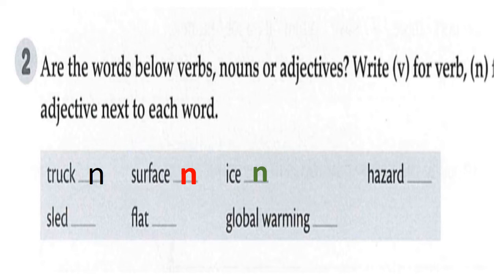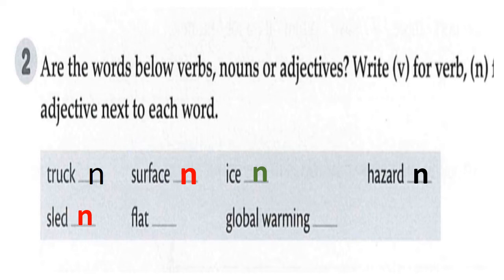Hazard, danger, risk. Yes, exactly, girls. It's also a noun. Sled, a small vehicle that has a flat bottom and we use it to slide on snow or ice. Well done. It's a noun.